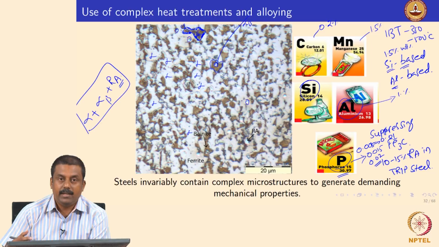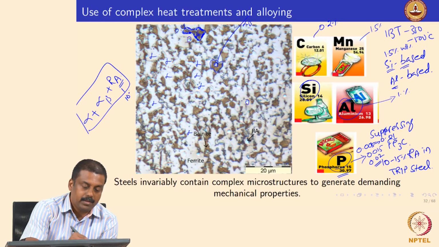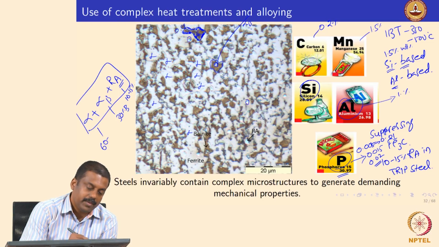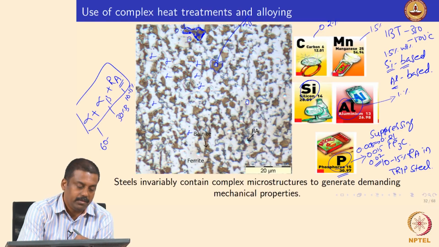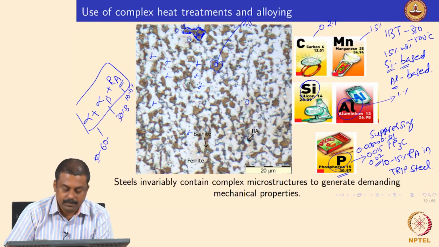Whatever austenite is untransformed during the isothermal holding is stabilized into retained austenite. A typical mixture has 10 to 15% retained austenite, about 30% bainite, and around 50 to 60% ferrite in the microstructure.